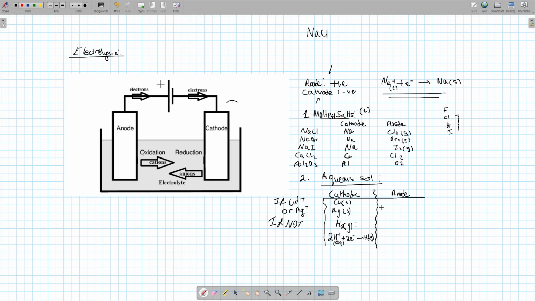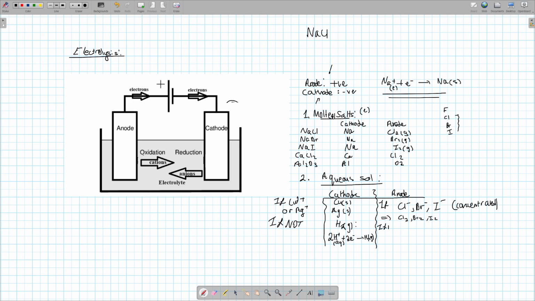At the anode, if you have Cl minus, Br minus, I minus, they have to be concentrated. If it's dilute, then it doesn't apply. If you have concentrated Cl minus, Br minus, I minus, then you get Cl2, Br2, I2.